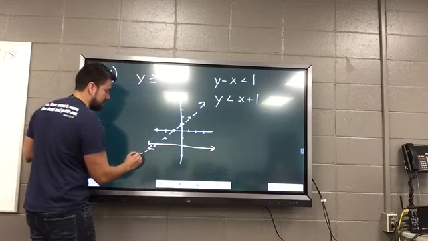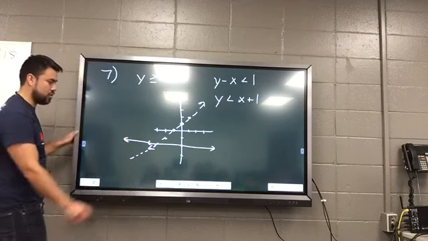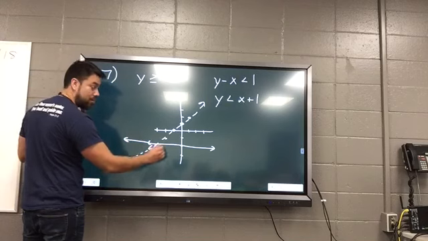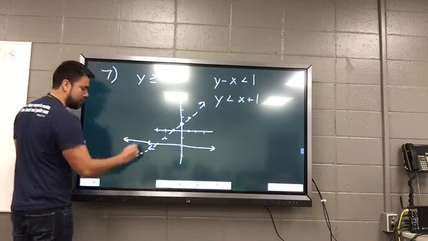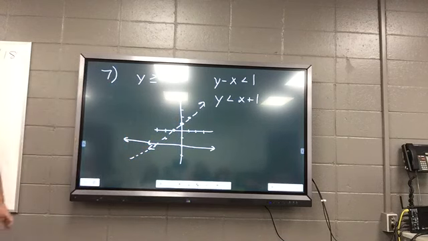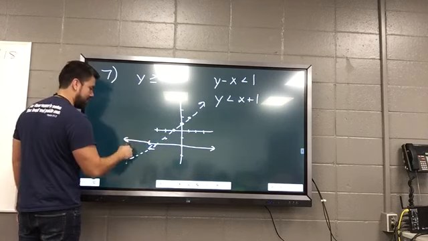And I'll extend these lines so you can see that there are technically 4 regions. You have this bottom region, this right region, top region, left region. So which region would be shaded?